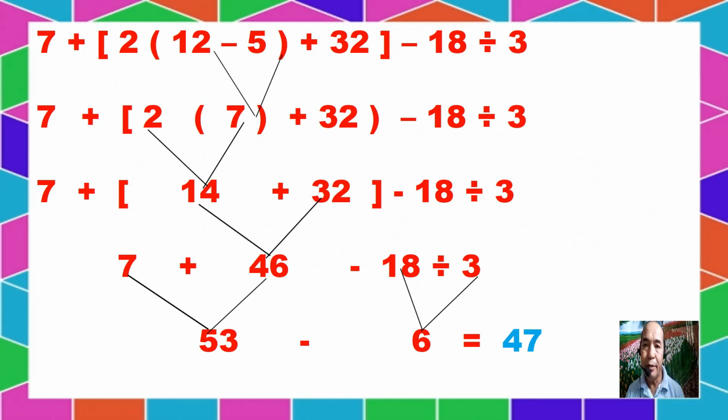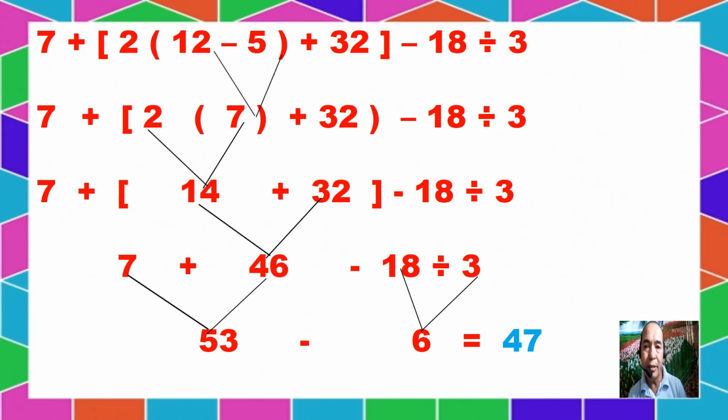Why do we read it as nested parentheses? Because the grouping of parentheses is also enclosed by another symbol, which is the brace. That's why we read it as 7 plus nested parentheses 2 to the quantity 12 minus 5 plus 32 nested parentheses minus 18 divided by 3.